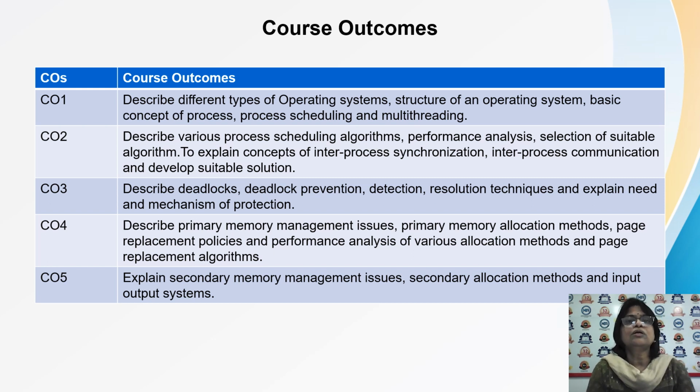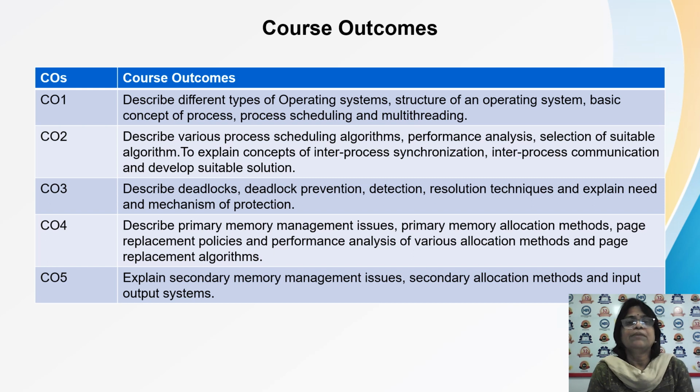Based on the 5 units, there are 5 COs which we are going to cover. The first CO describes the different types of operating system, structure of the operating system, the concept of a process, process scheduling, the concept of a thread, the difference between process and thread, and several multi-threading issues.